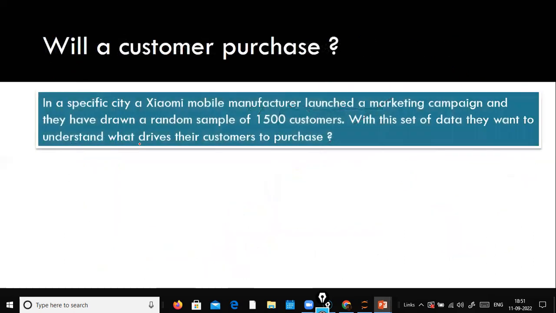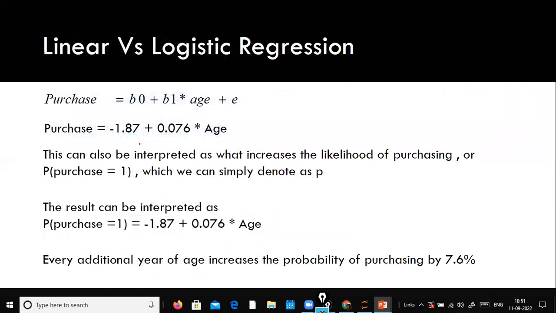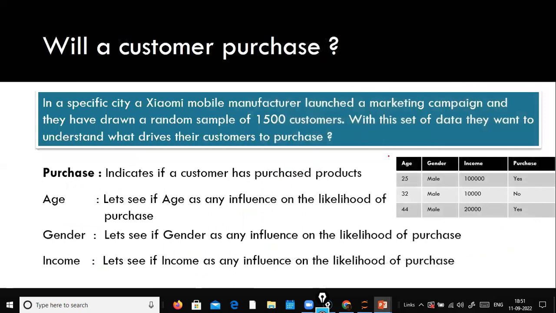Now, let's say for a customer, we want to predict whether the customer is going to purchase or not. We have an independent variable called age.